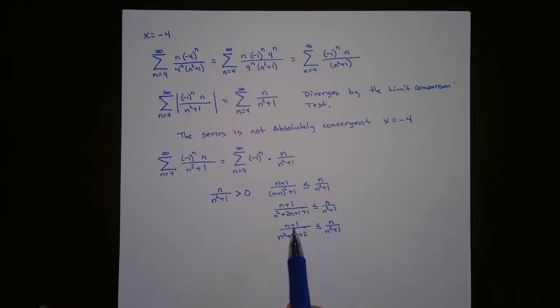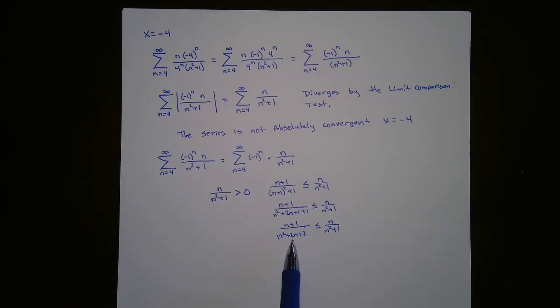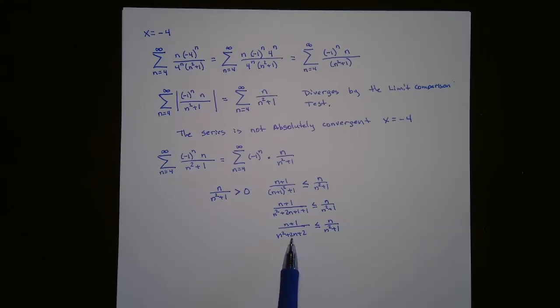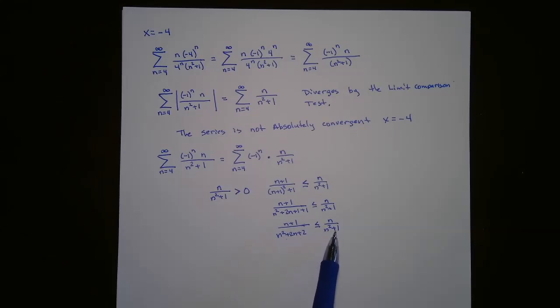We have to worry about the numerator now because they're not the same. This is just adding 1 to the numerator. This one is adding 2n plus another 1 in the denominator.